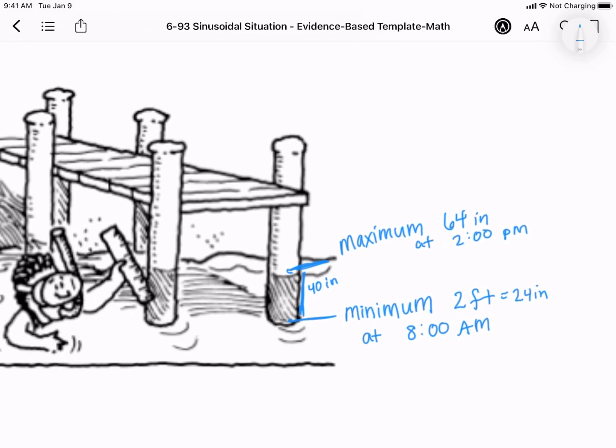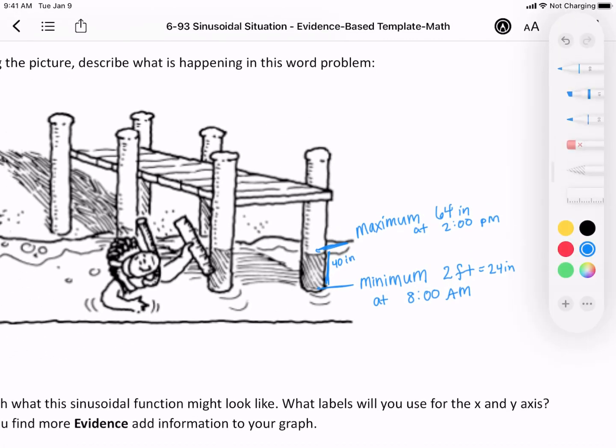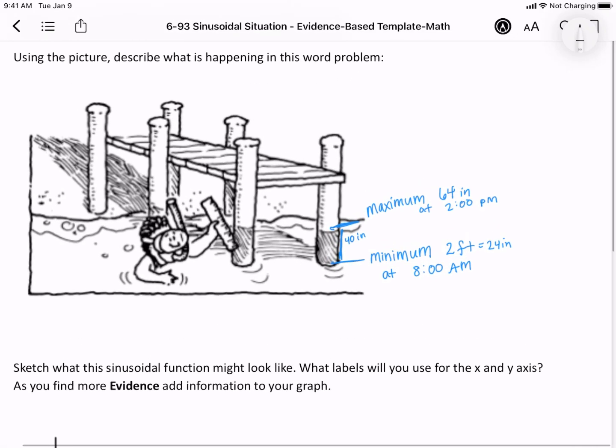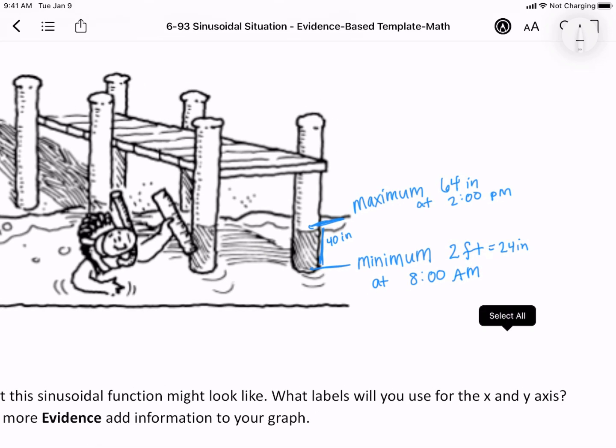All right, there's all my important information. I want to turn this into a point. We are eventually going to be writing an equation for the height over time. So our function is going to be h of t.